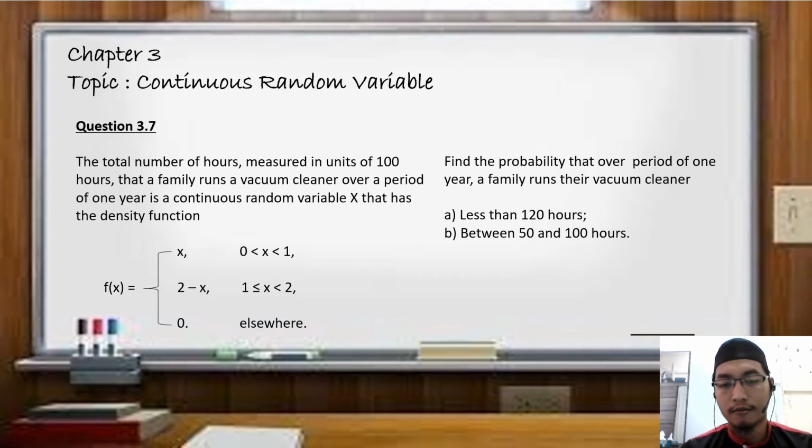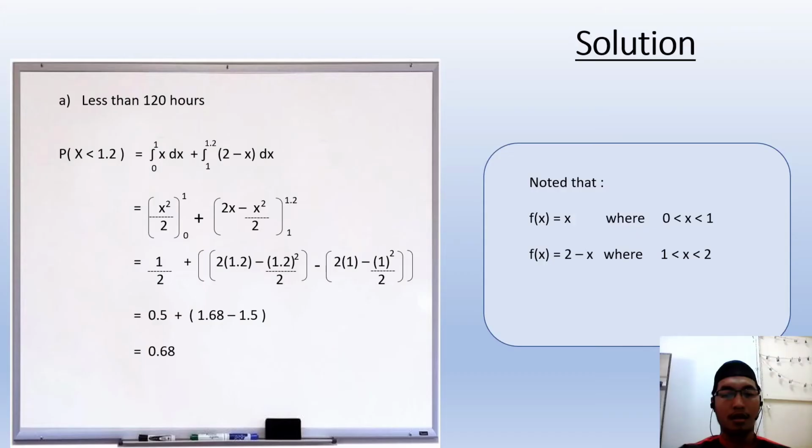So the question is, find the probability that over a period of 1 year, a family runs their vacuum cleaner (A) less than 120 hours, and (B) between 50 and 100 hours. And we go to the solution for question A, that the family runs their vacuum cleaner less than 120 hours.